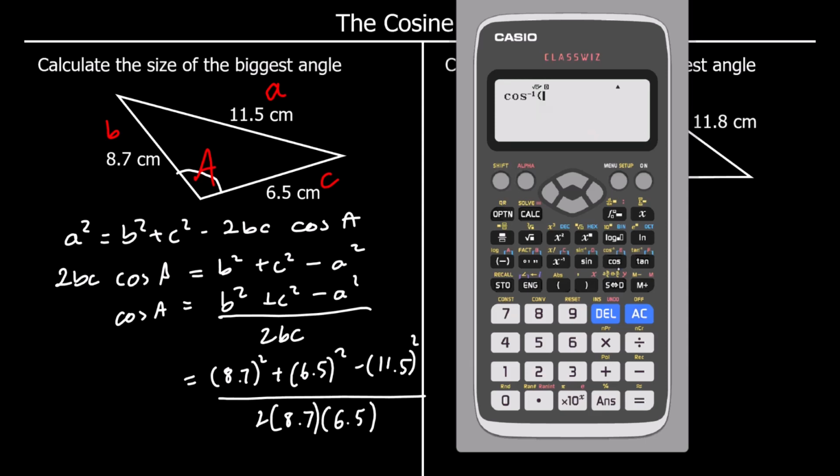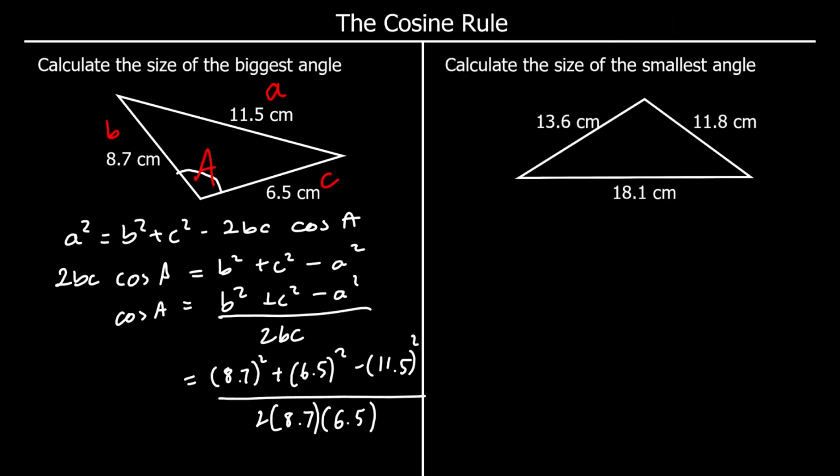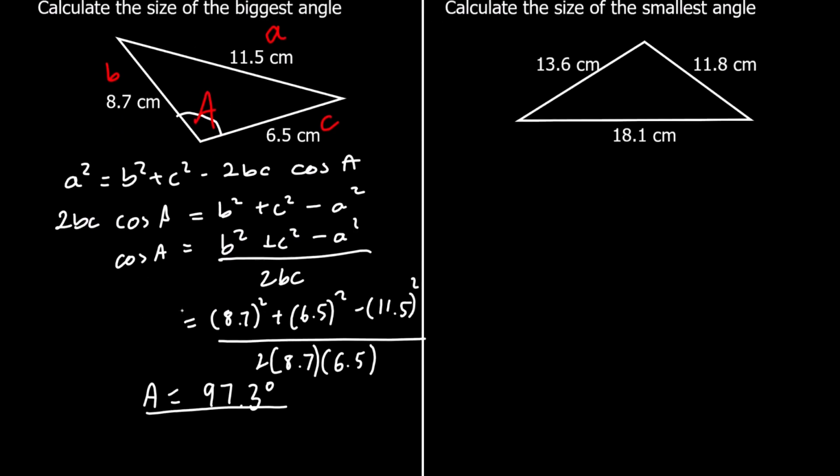So shift cos, 97.3. So A is 97.3 degrees. So we find out what cos A is, and then we do arc cos, shift cos, to find A.